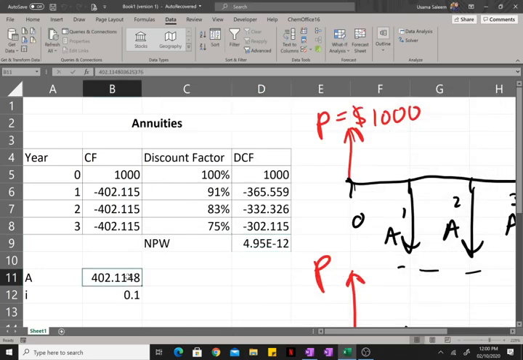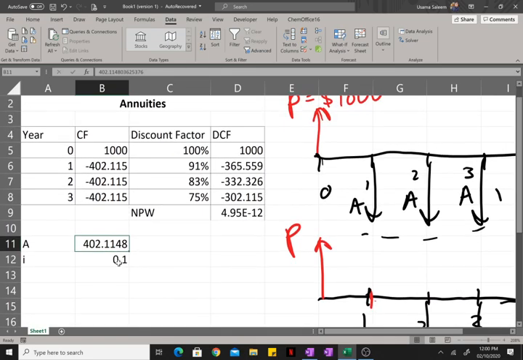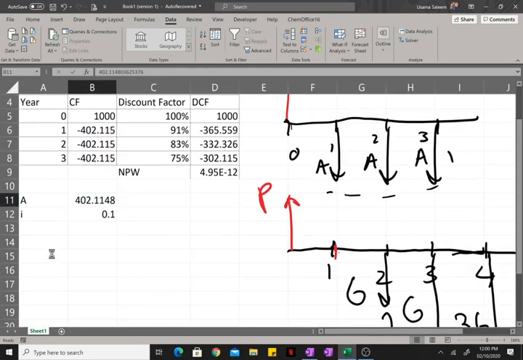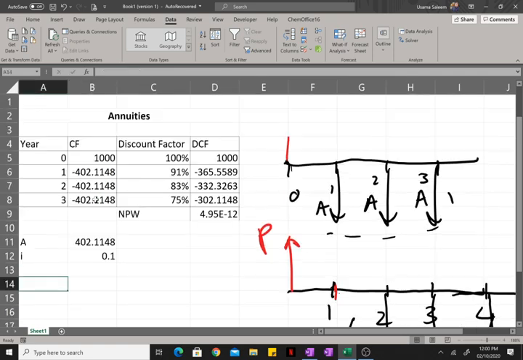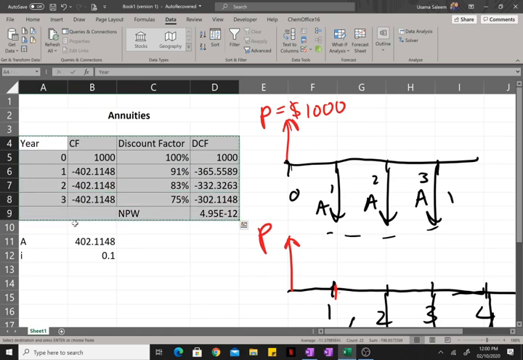And my solution comes out to be 402.11, which is the same as the one we calculated using the formula.